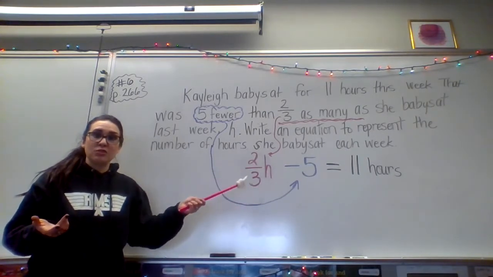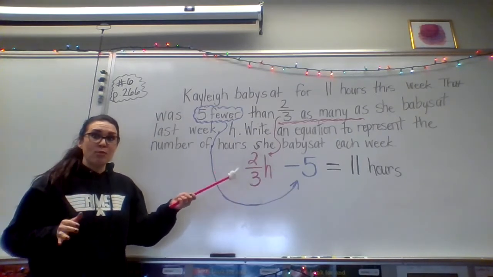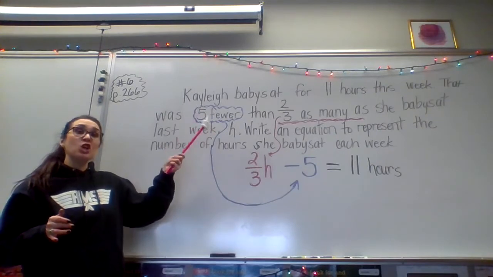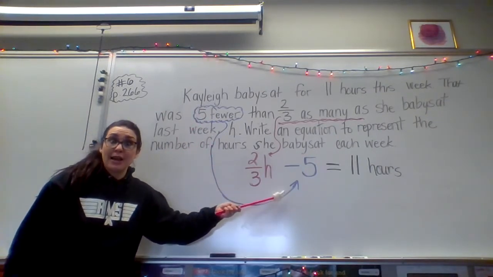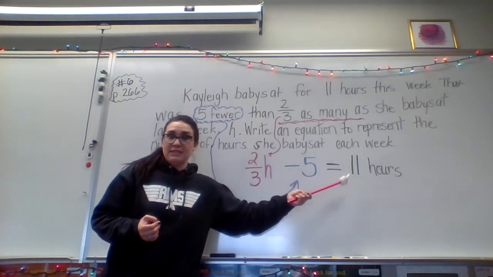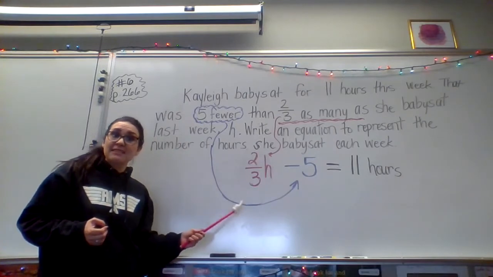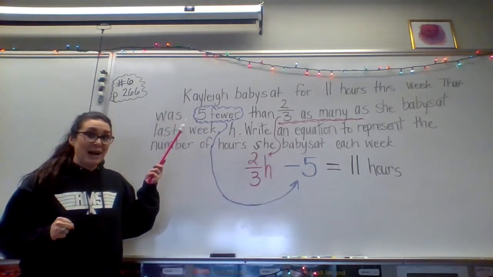So right here, this 2/3 H means 2/3 times H. But wait, there's more, because it's 5 fewer, fewer meaning less, less meaning subtraction, right? So then we're going to subtract 5 from that, and that is going to give us 11, okay? So again, this is the algebraic equation that we can use to represent Kaylee's babysitting hours.